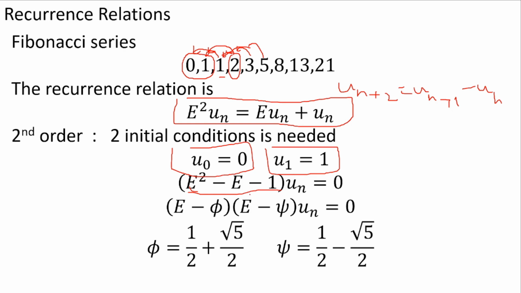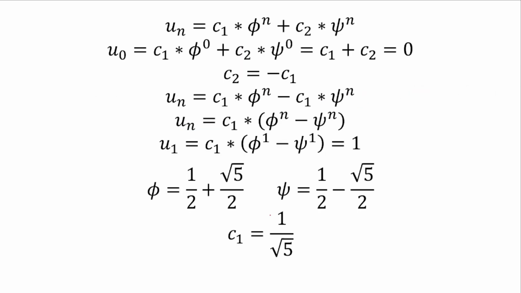From this we can take that un is equal to some constant c1 multiplied by phi to the n plus c2 multiplied by psi to the n.